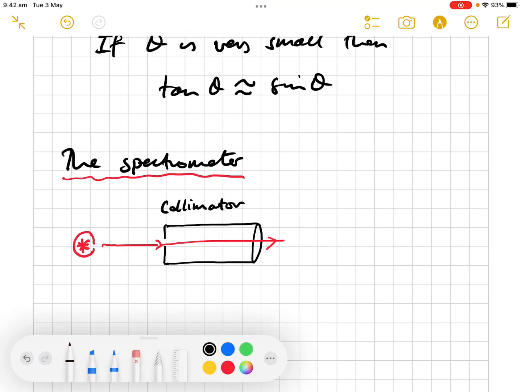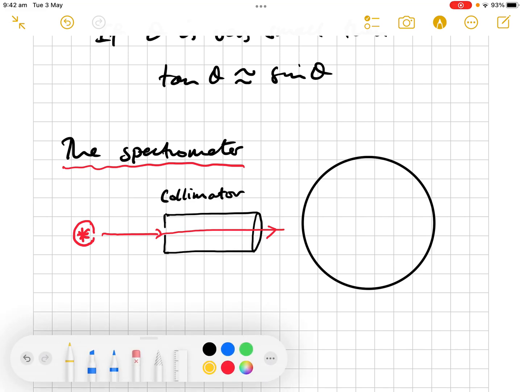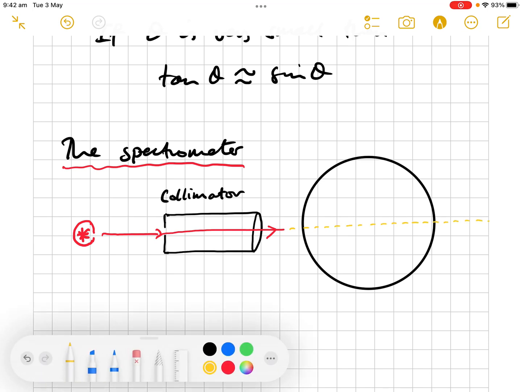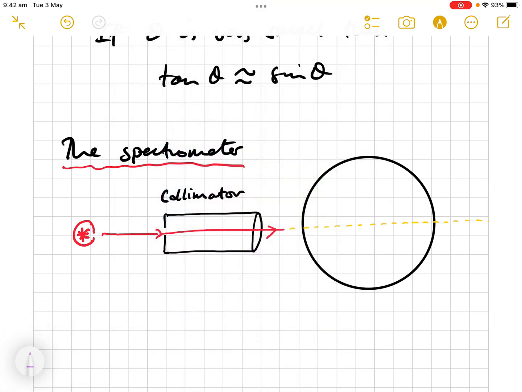You then have an angular turntable like that, and if I show the sort of straight through position, and our grating would be placed here.